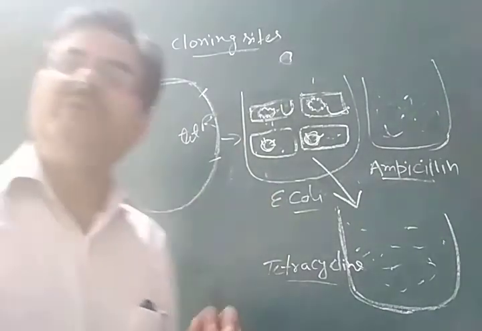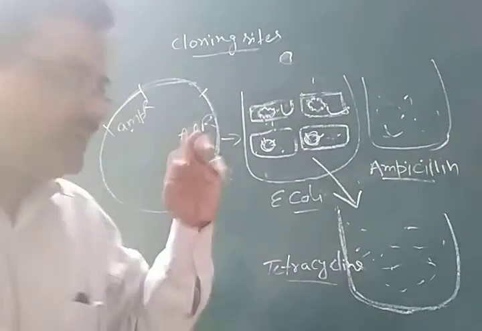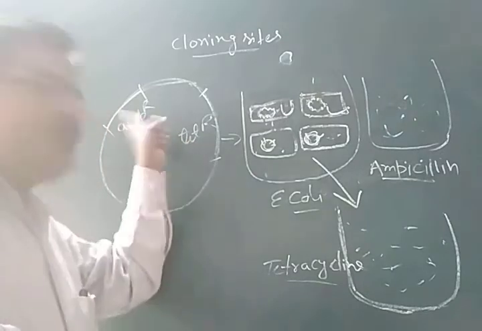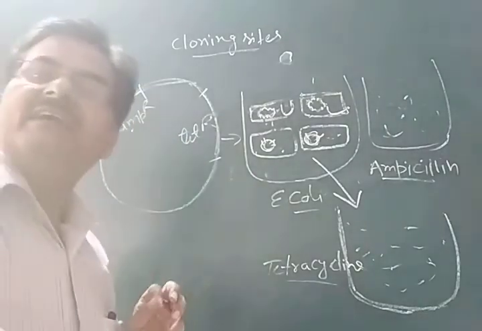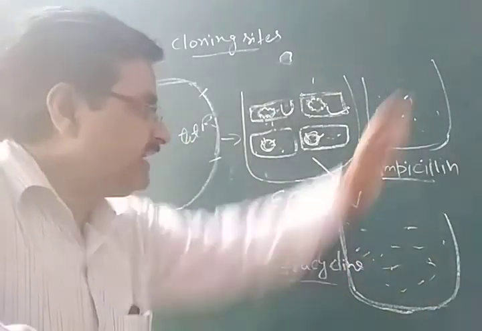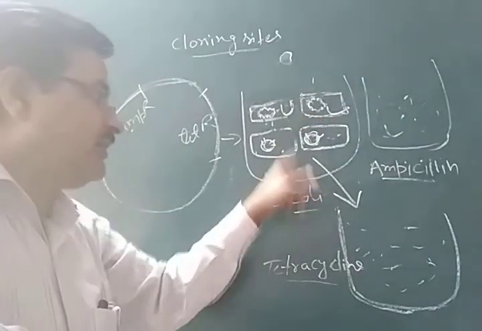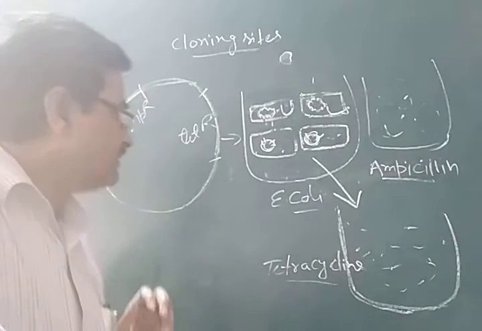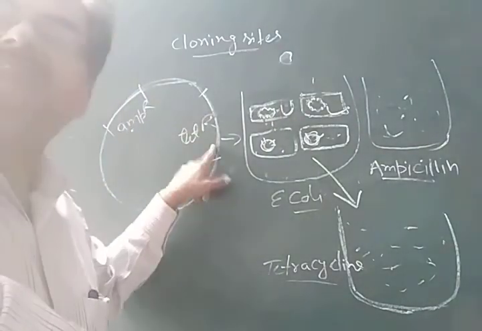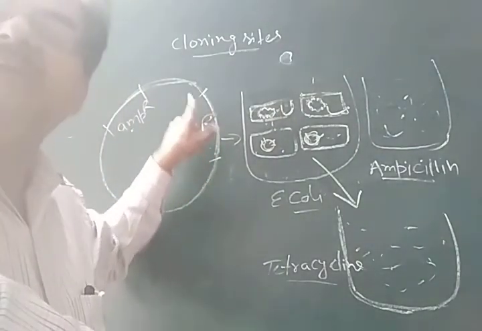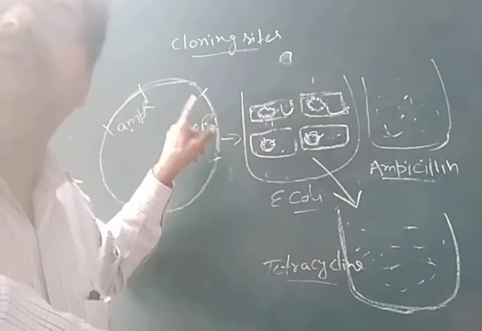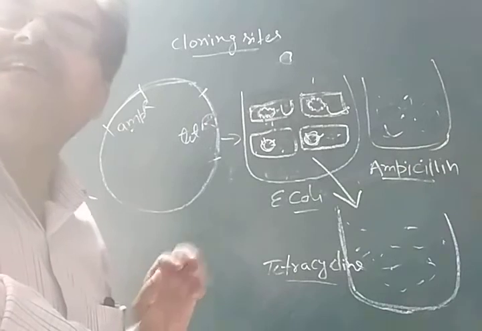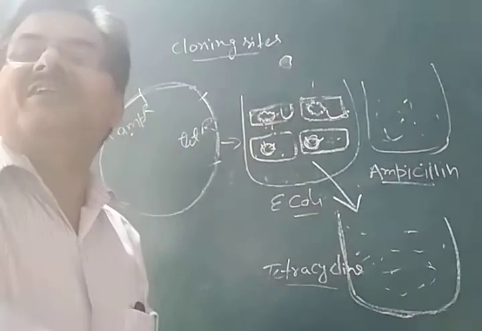So in this way we can say that in this process the ampicillin resistance gene helps to differentiate transformant from non-transformant, while the tetracycline resistance gene, because it is inactivated due to the insertion of foreign DNA, helps to differentiate recombinant from non-recombinant.